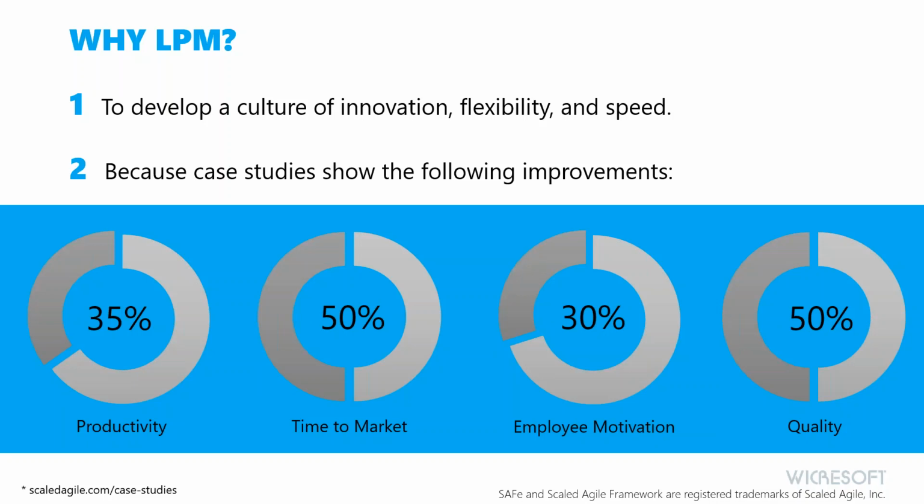A great measure of time to market is how long it takes from the point of a perceived change in the marketplace or a perceived opportunity in the marketplace, how long it takes to go from perceiving that to actually executing something for your customers in response to that. So that to me is a good definition of time to market.